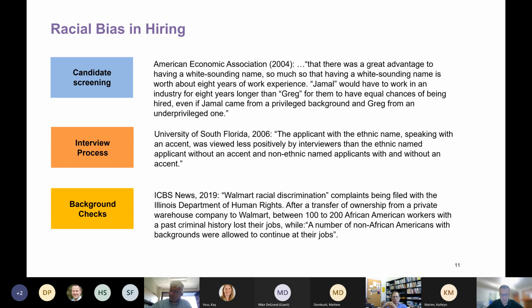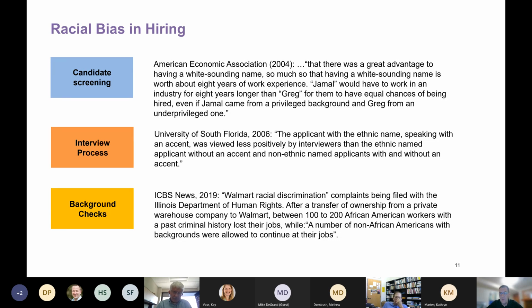Studies have been conducted where the mere name of a candidate seems to make a certain impression on people. If it is a Black African-American sounding name, people make certain assumptions about the educational level or the likelihood of success.